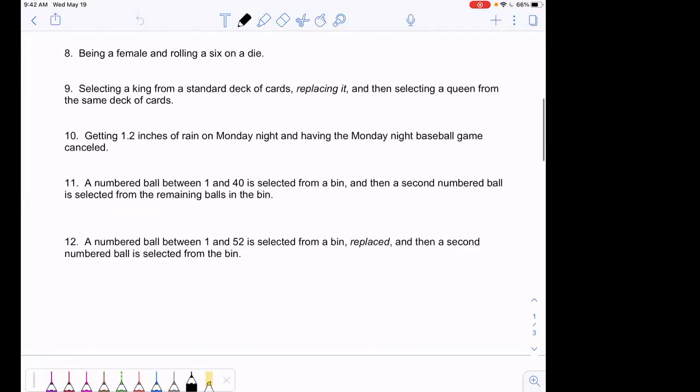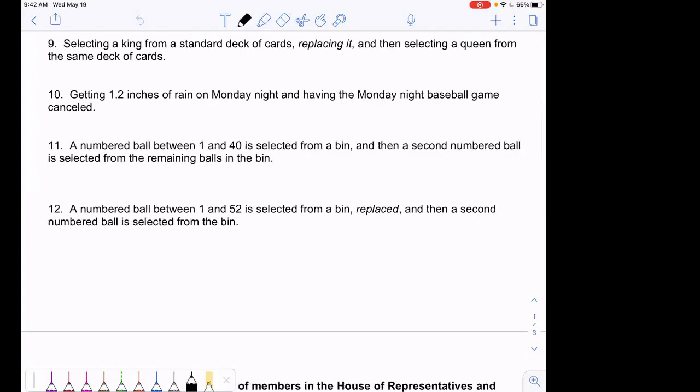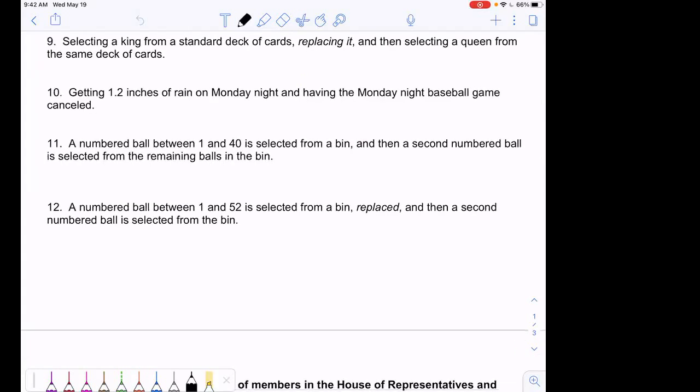So if we look at the last two problems on the front of this page, number 11 says a numbered ball from 1 to 40 is selected from a bin. So think you're playing bingo. And in bingo, there's that circle thing and you crank the wheel and the balls all kind of spin around. And a number is selected from 1 to 40.